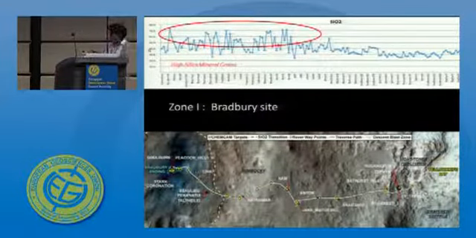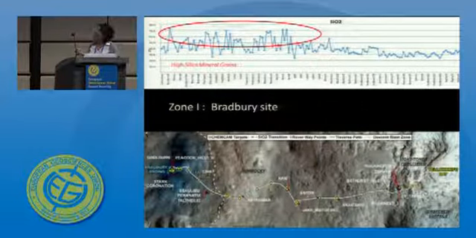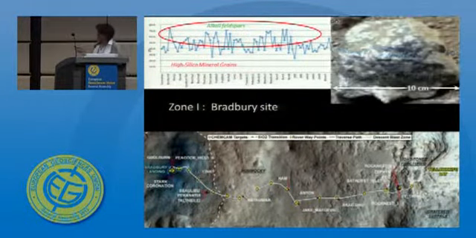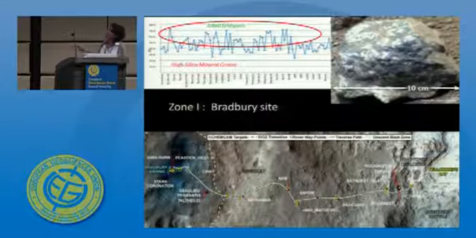This high silicon content correlates with high sodium content, high aluminum content, and can be easily attributed to feldspar kind of minerals. These feldspar minerals, you can see them very clearly in this kind of rocks.